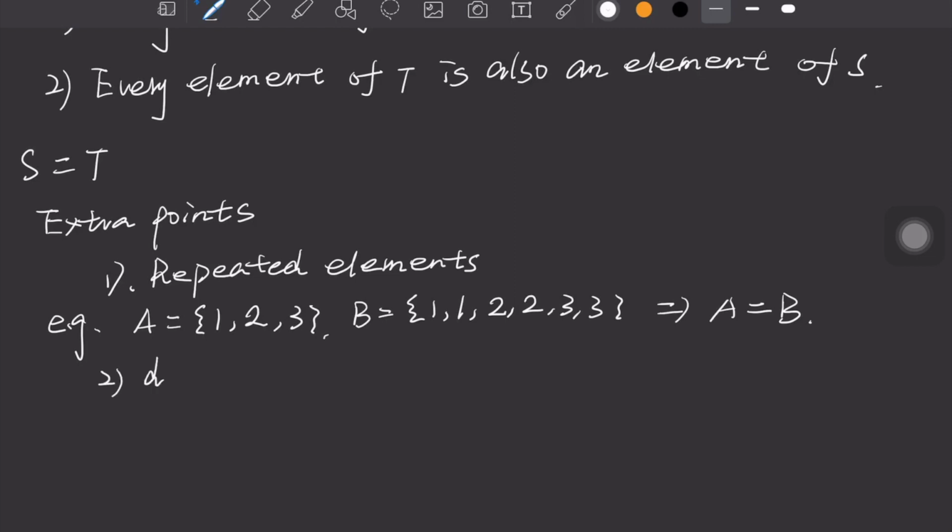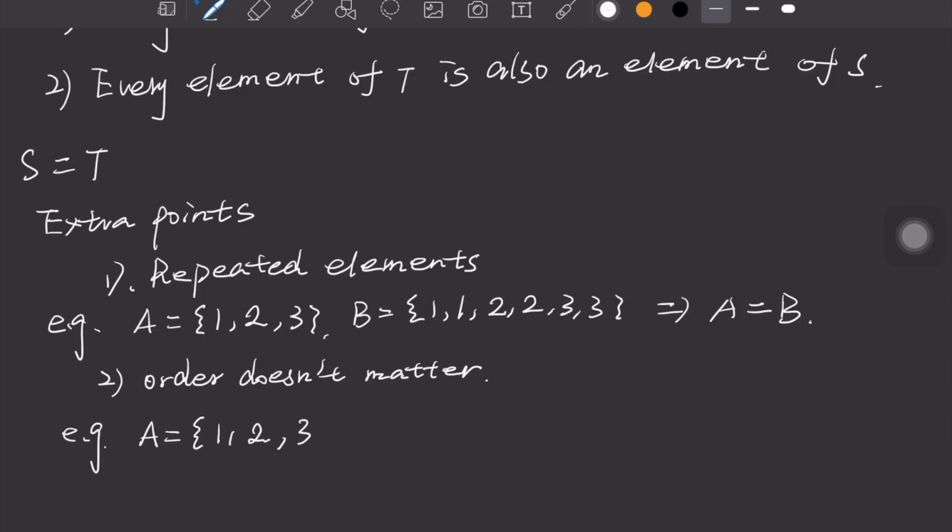And the second rule is that order doesn't matter. For example, if we have a set A with elements 1, 2, 3, and set B with elements 3, 2, 1, and another set C with elements 2, 3, 1, they are all equal sets.